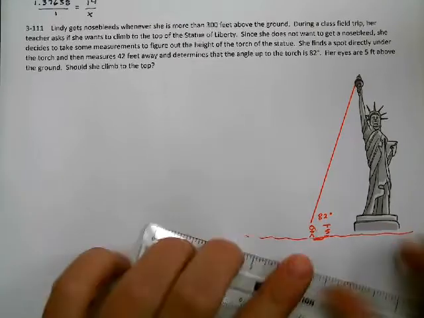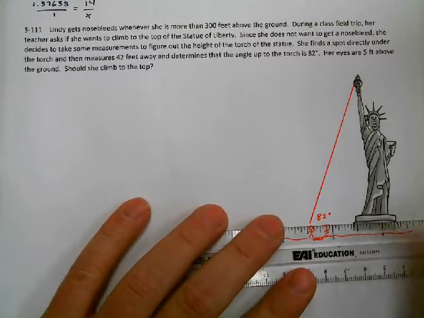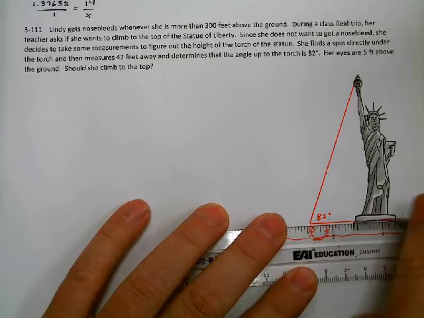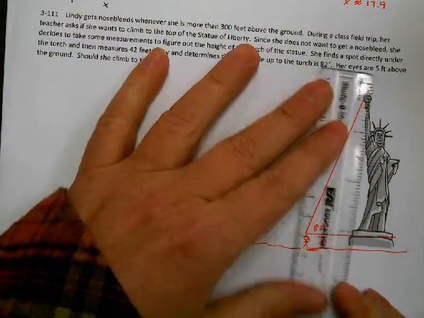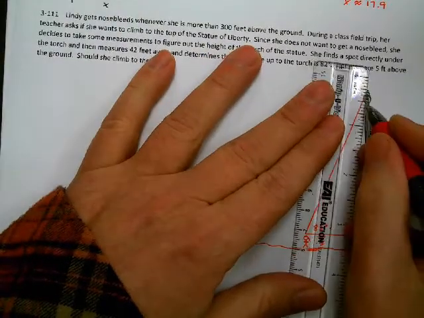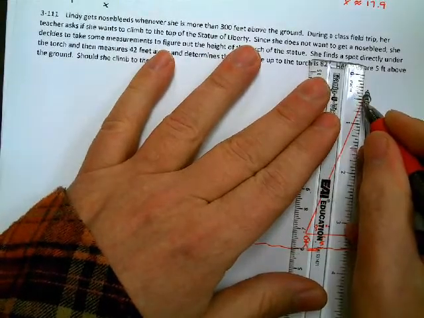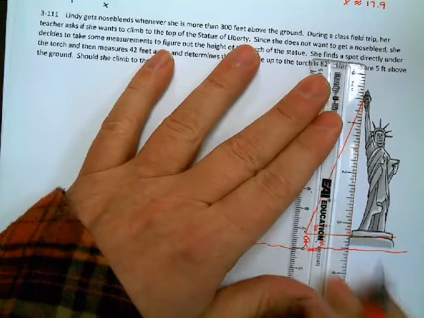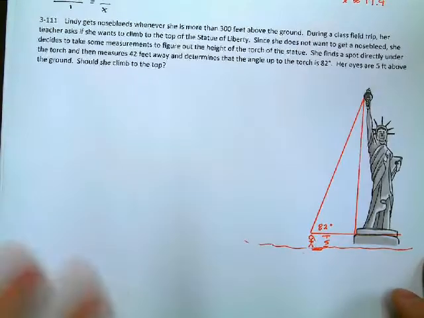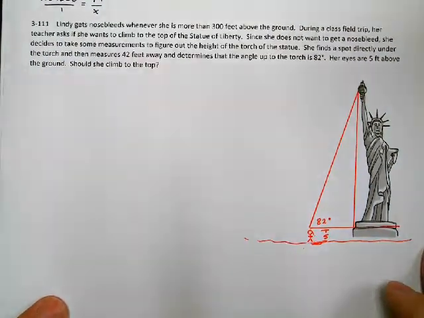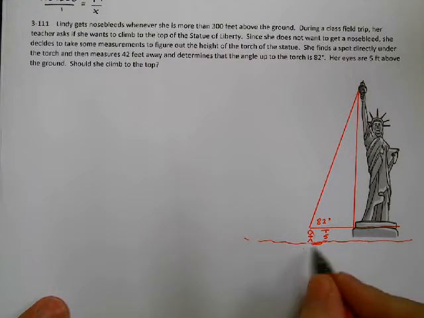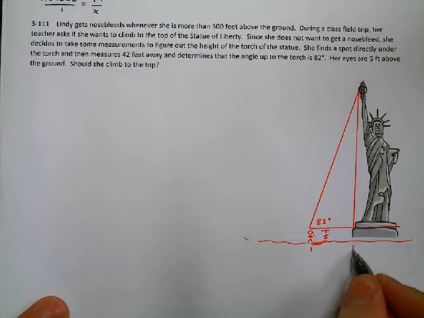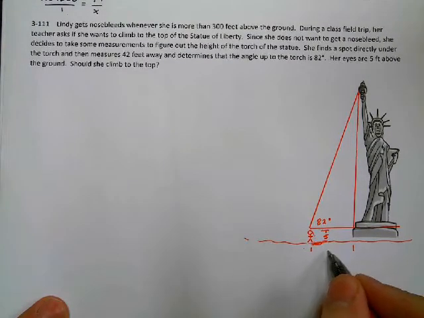All right, so we've got a right triangle right here because it says she measured from directly over here. So here's our right triangle. So she wants to find out, oh, and this was from here to here. That distance was 42 feet away.